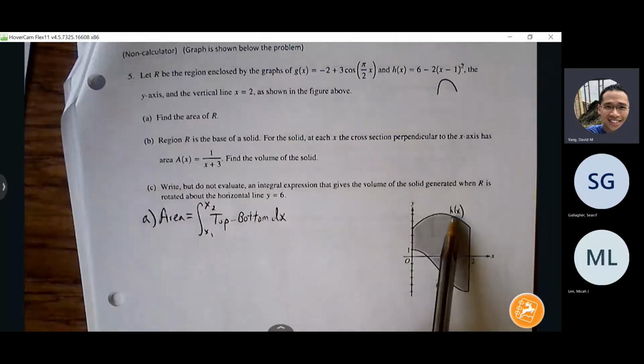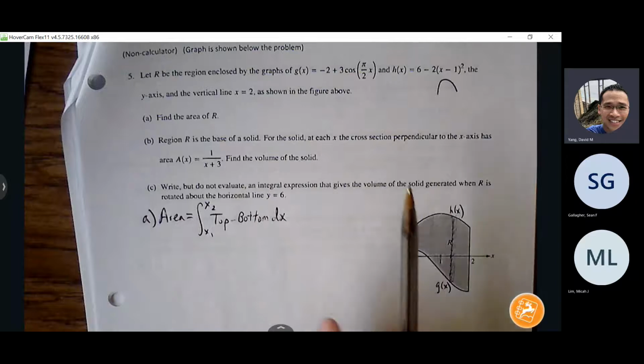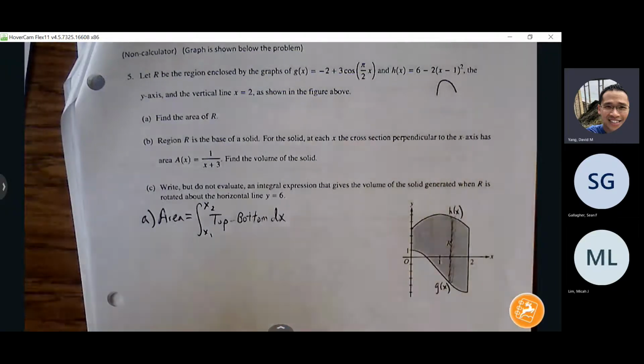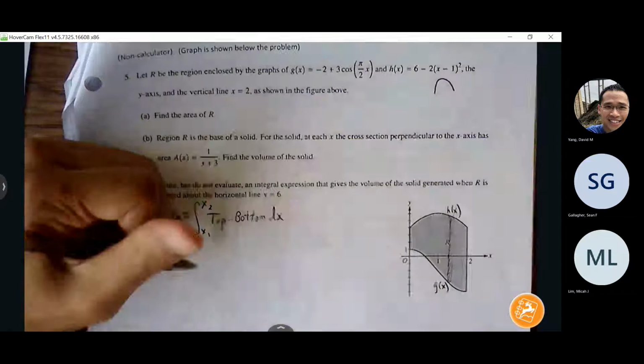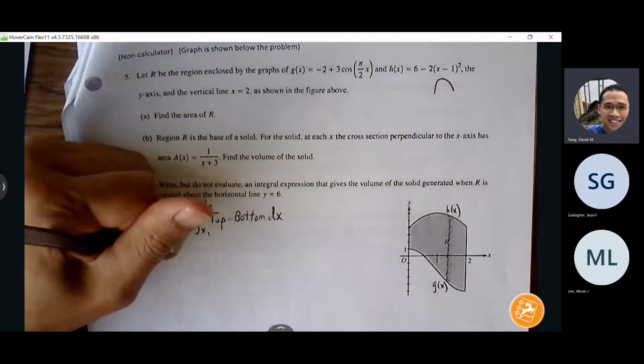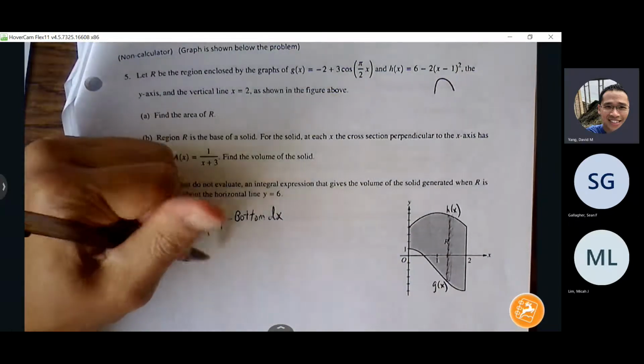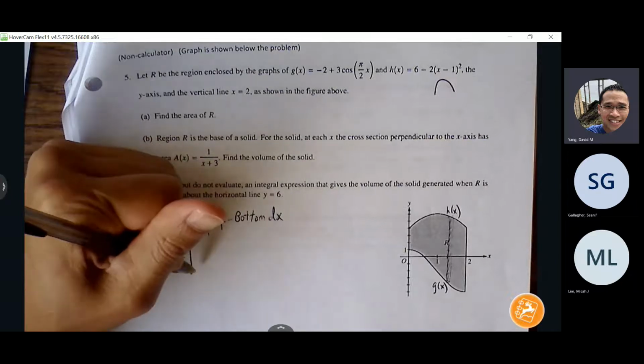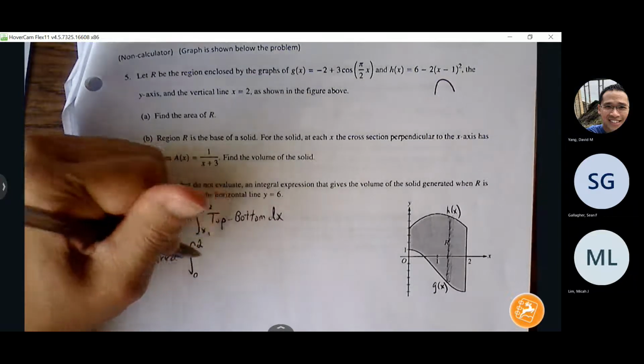Okay, so area, top minus bottom. The top is the h, the bottom is the g. So I'll take my time to subtract those. And again, I know this seems tedious because normally this is a problem that we would want to put in the calculator, but we're going to do this by hand here.